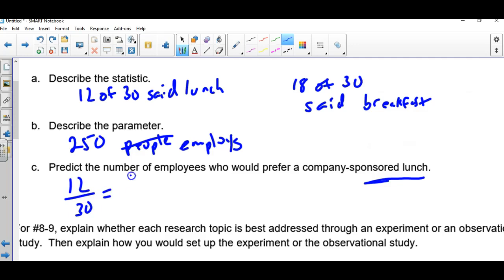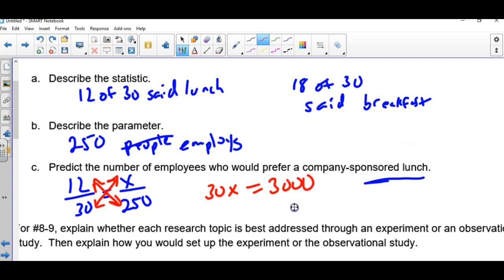Then we can figure out how many people out of 250 would also want lunch. So you cross multiply. You get 30x, and 12 times 250, that's 3,000. Then divide by 30 on both sides, and you get x equals 100. 100 people said they would prefer lunch.